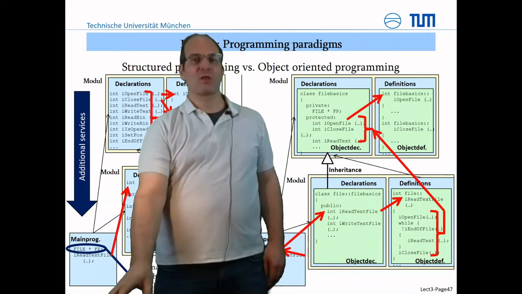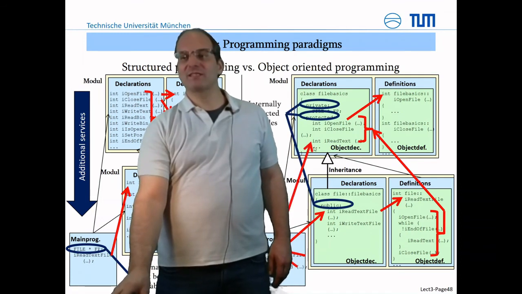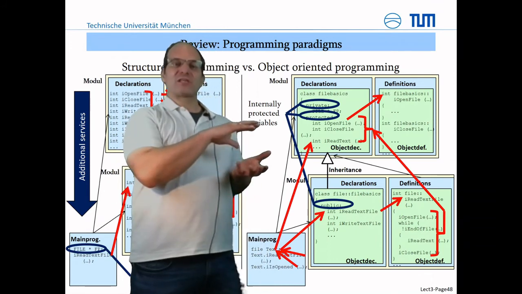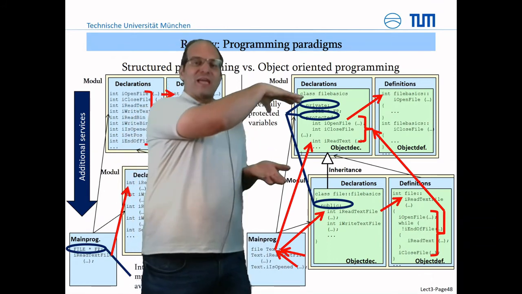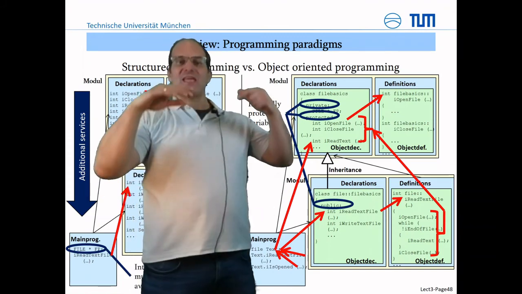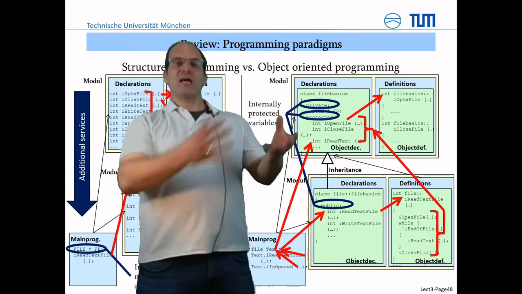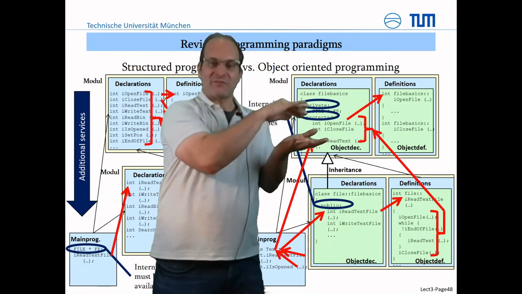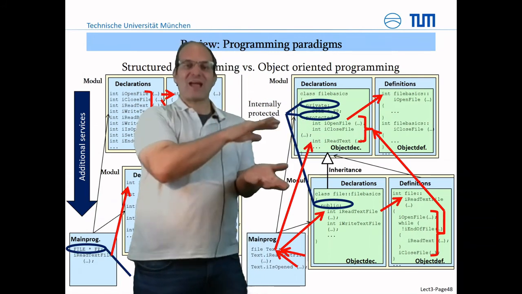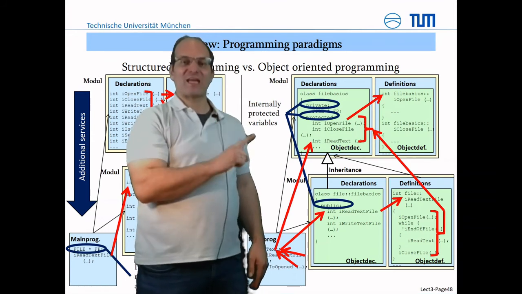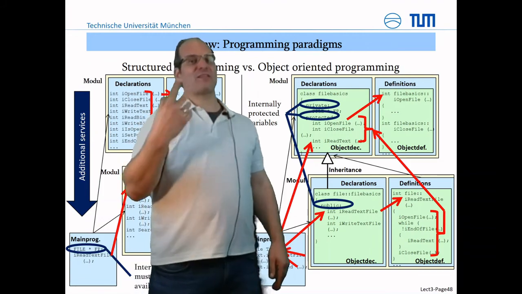Okay? And this is a big difference, because then you have really something which gives you protection, and therefore you can share, you can take this and give it to one developer, and he or she can develop this, and then you get it back, and everything what you define in this interface is allowed, and the rest is protected. So you have the possibility here to internally protect variables, methods, and things like that.